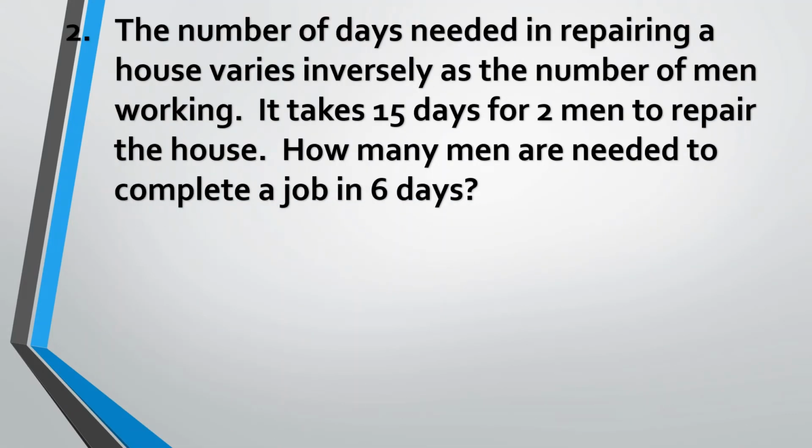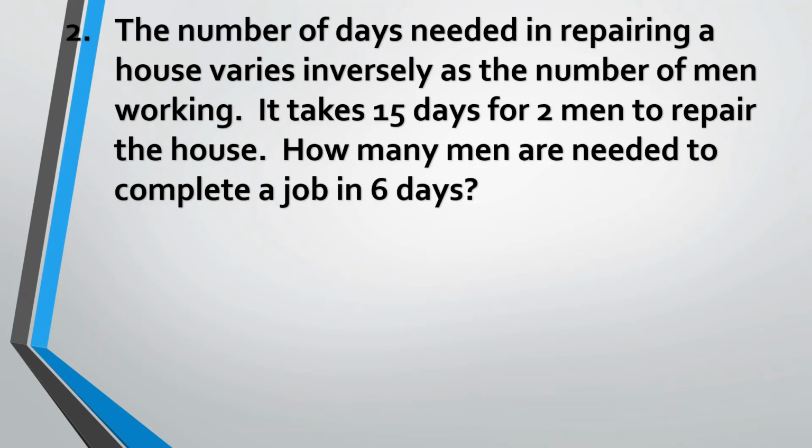Okay guys, our second example is a problem solving about inverse variation. The problem is, the number of days needed in repairing a house varies inversely as the number of men working. It takes 15 days for 2 men to repair the house.